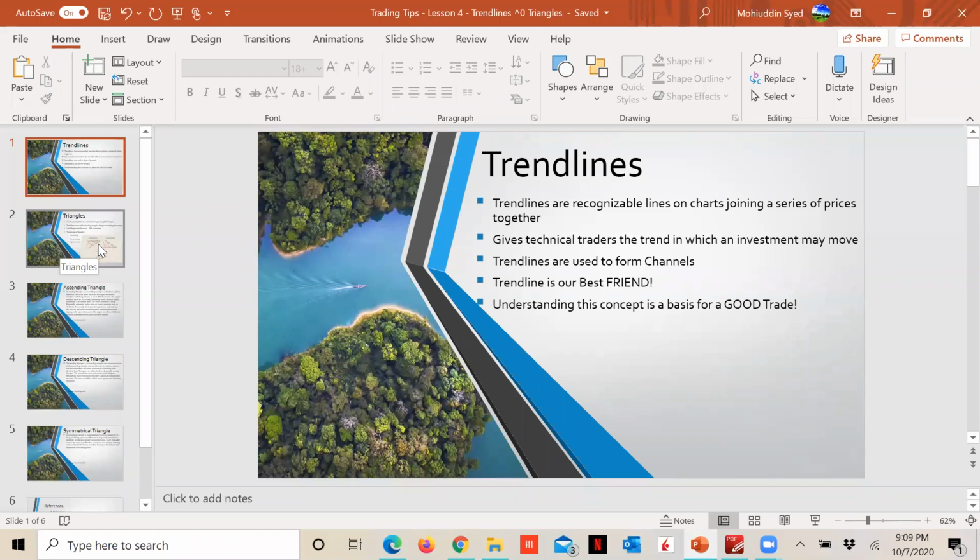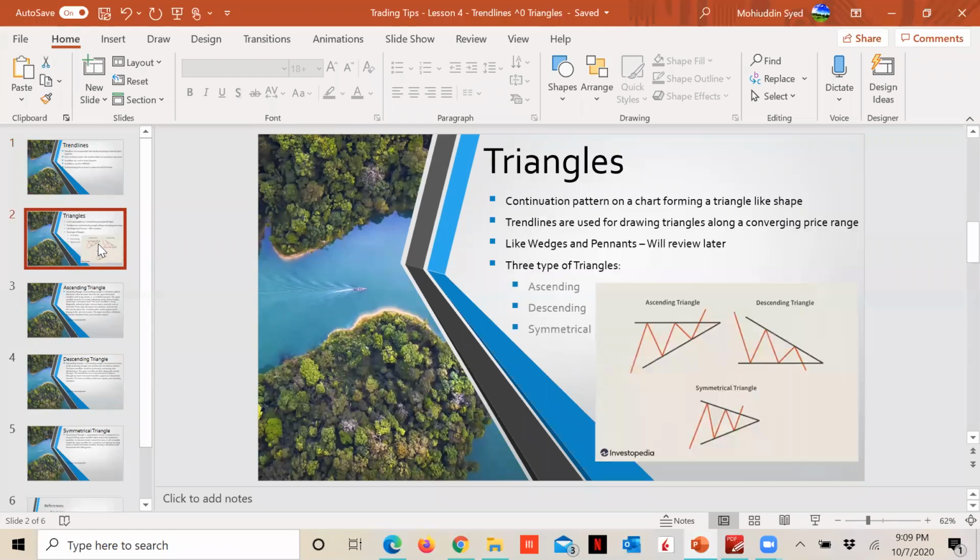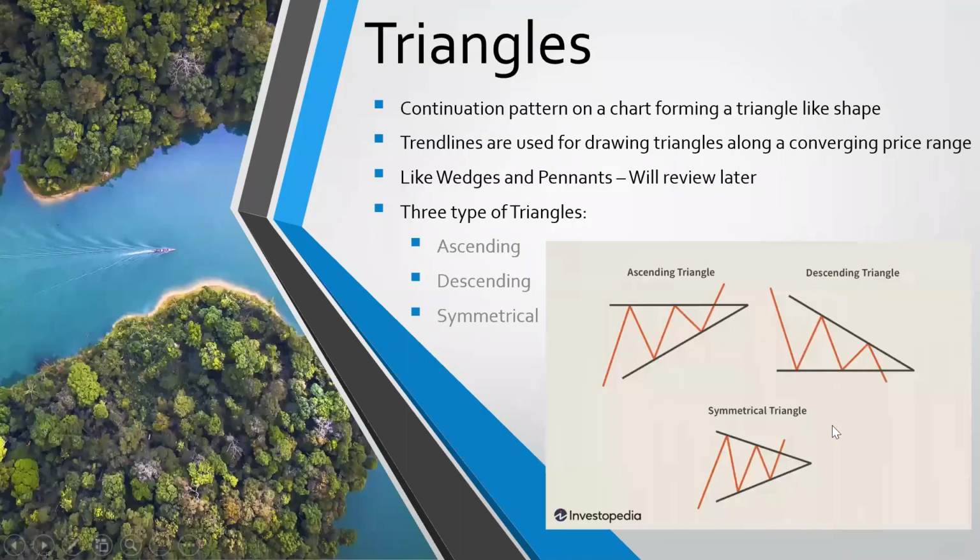So why is this trend line important? The triangle is a continuation pattern on any chart. When you draw two lines following a series of prices on the chart, it forms a triangle-like shape. That's why these are called triangles.